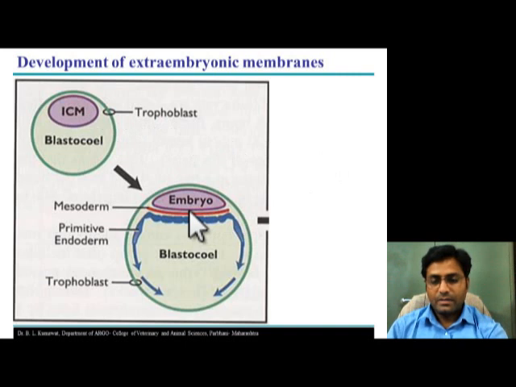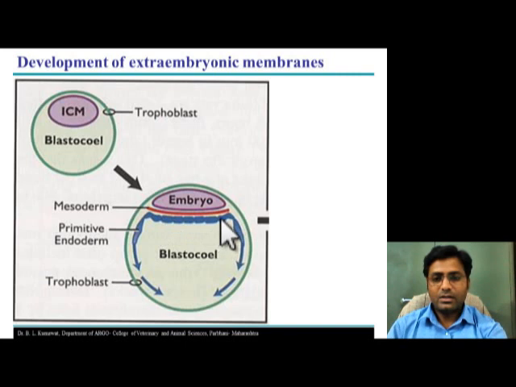Here you can see in this image, on the top, the purple colored cell population is called as embryoblast, whereas the lowermost layer of cells, which is indicated in blue color, is called as primitive endoderm. In between the primitive endoderm and embryoblast, there is the third layer, which is indicated with a red line, and it is called as mesoderm.